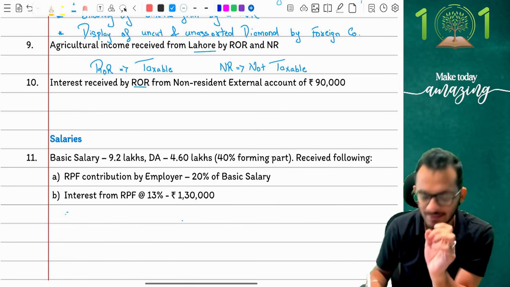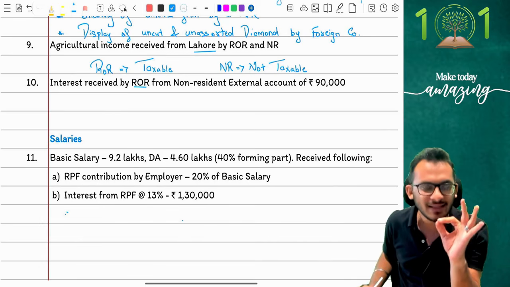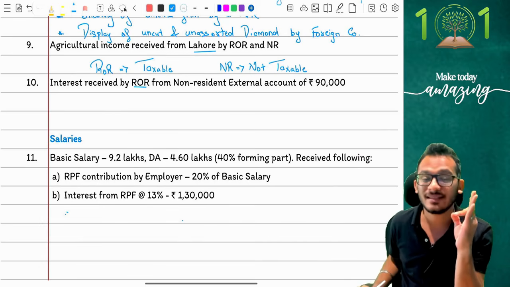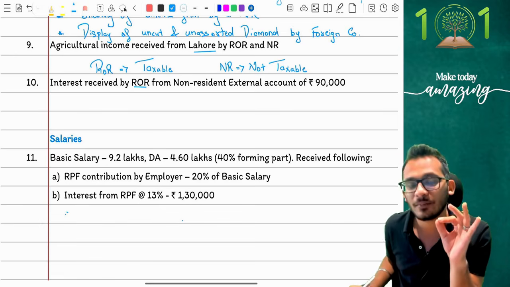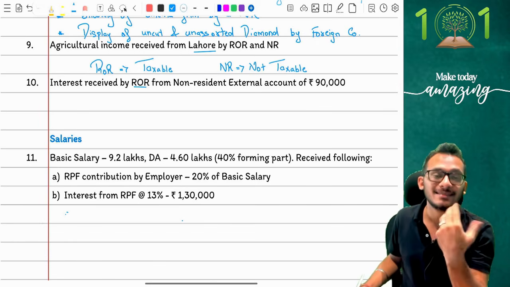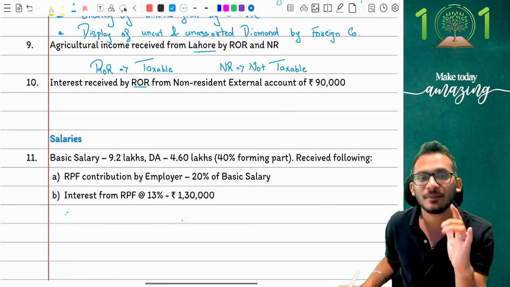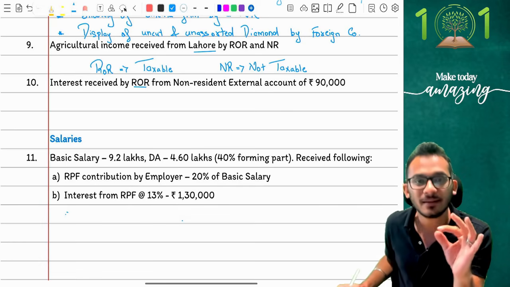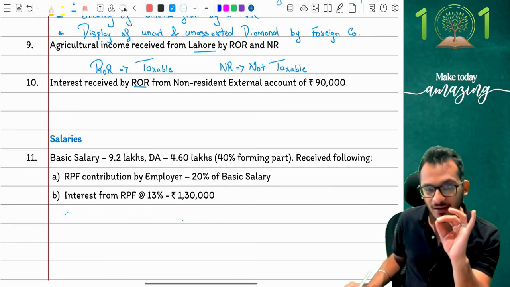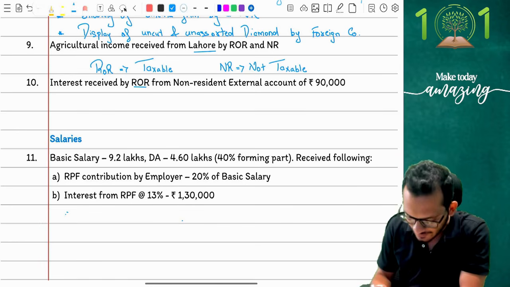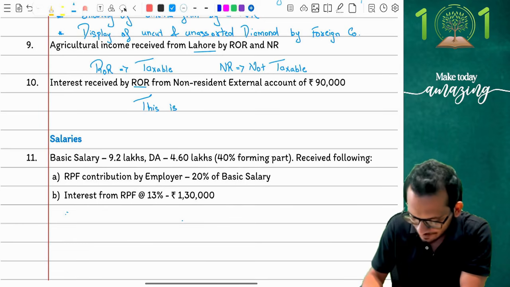No. Understand, people, there is a special exemption given in income tax which clarifies that any income coming from a non-resident external account is exempt from tax. It may be taxable, it doesn't matter, because global income is taxable, but income tax has given a special exemption even for an ROR. Even an ROR has that exemption, people, which means this is exempt from tax.